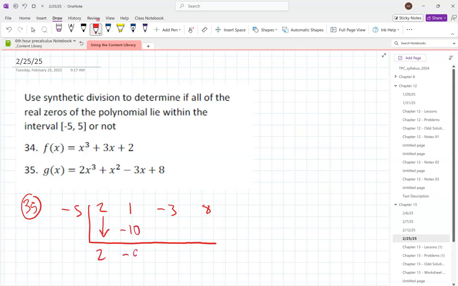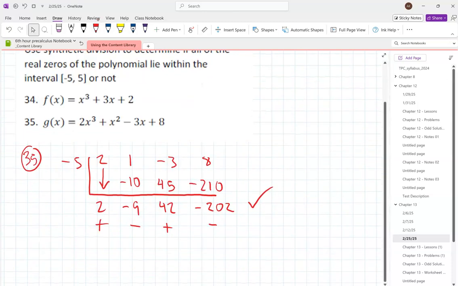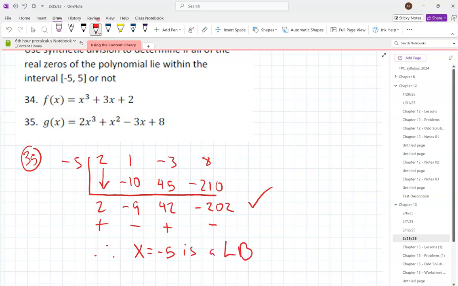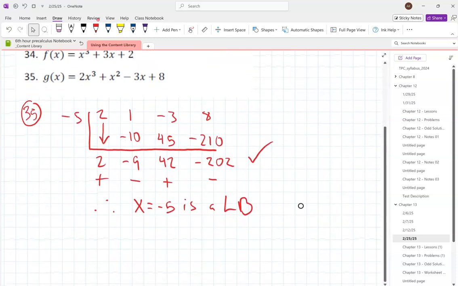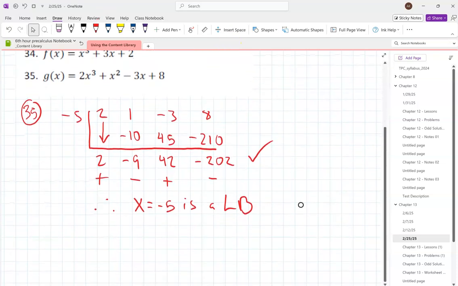Let's just fire through that synthetic division. So that -5 works. We have the alternating signs underneath our synthetic division, so that's a lower bound.